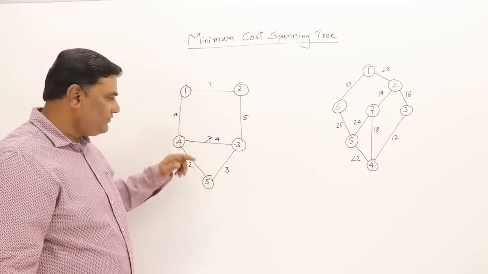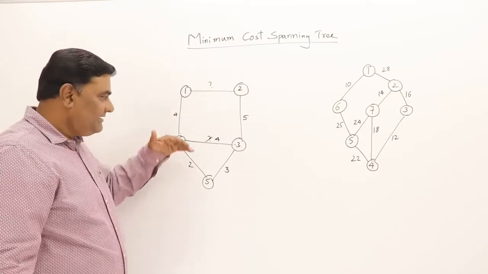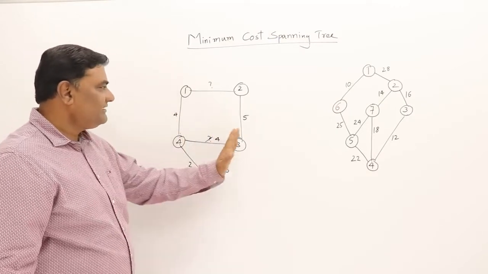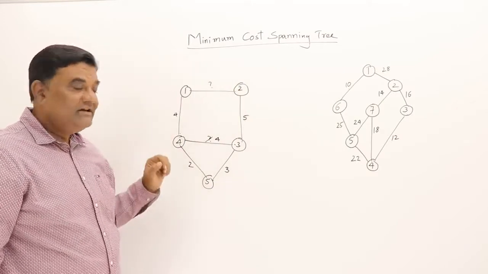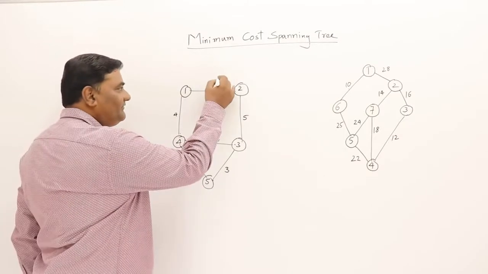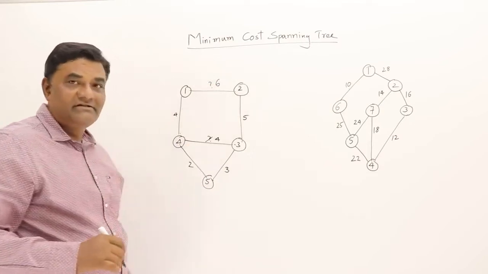If it were less than 4, then it would have been selected first. It came later, it is forming a cycle, so it is not taken. Then this 4 is taken, this 4 is taken, this 5 is taken. Then what could be the minimum weight of this one? It is not selected, at last it is left over, so the minimum weight of this one could be 6. So this is 4 and that is 6.